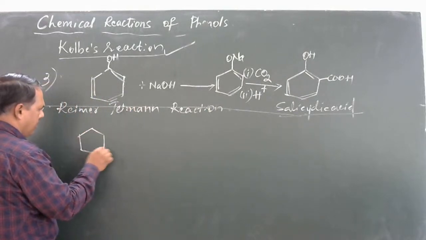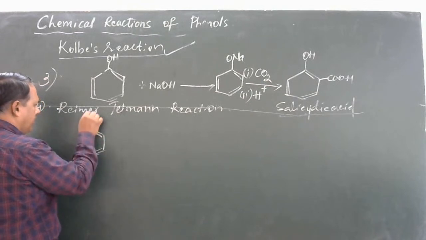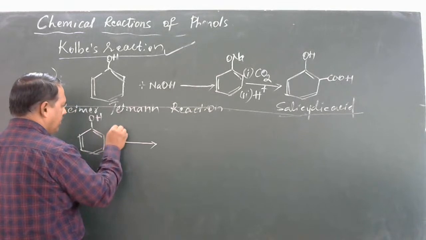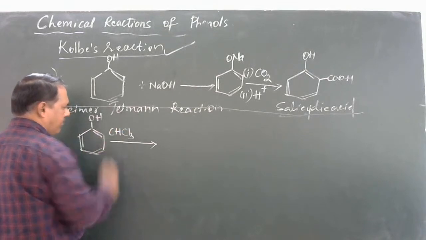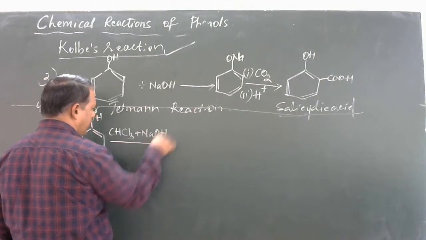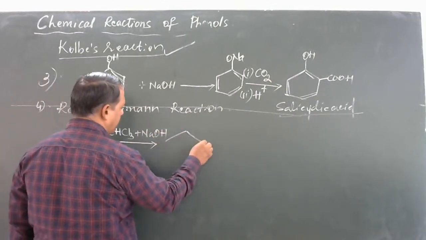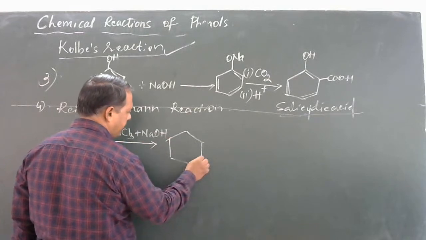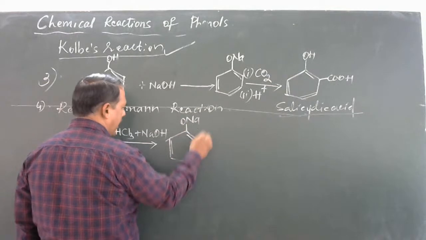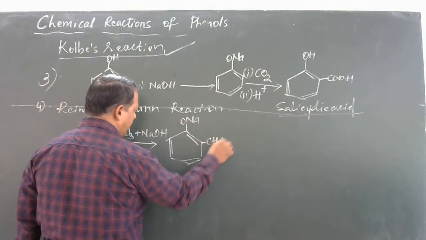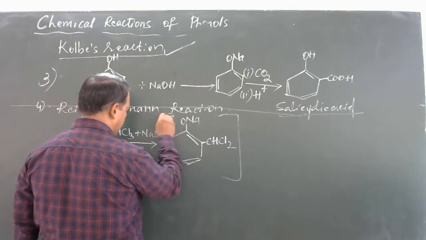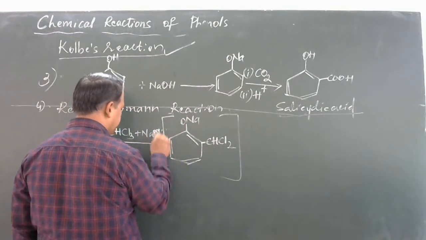When phenol is treated with chloroform, CHCl3, in presence of sodium hydroxide, we will get a derivative, ONa, and this is nothing but CHCl2, an adduct is formed.